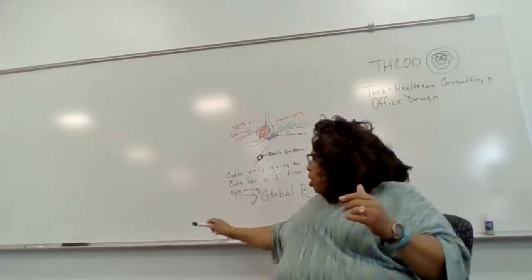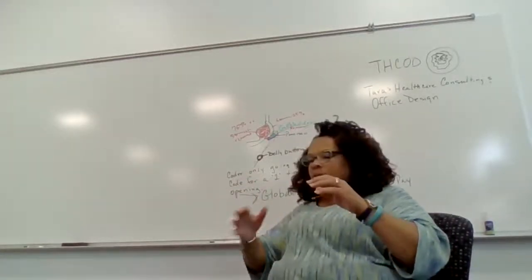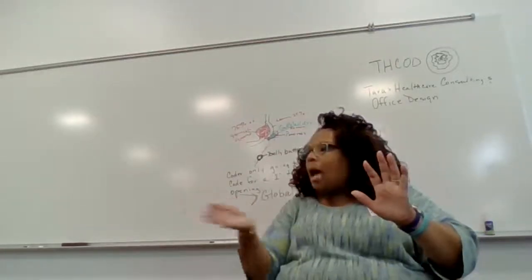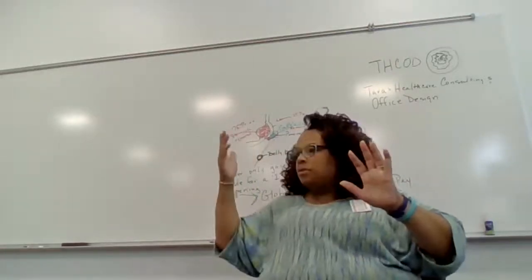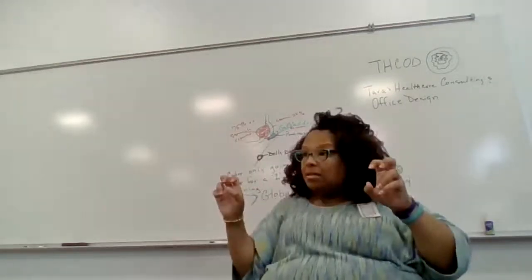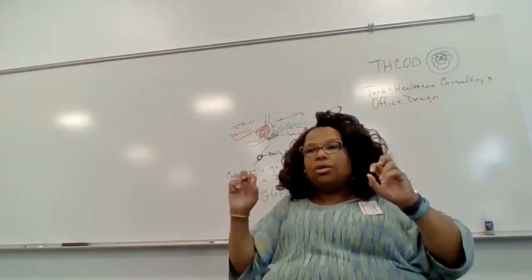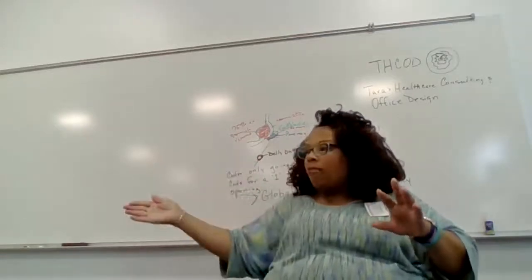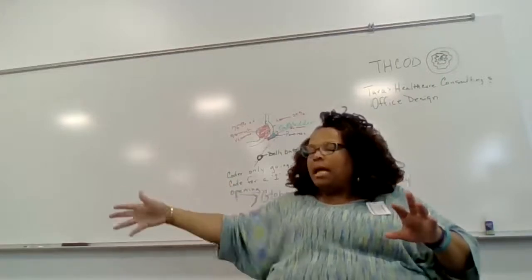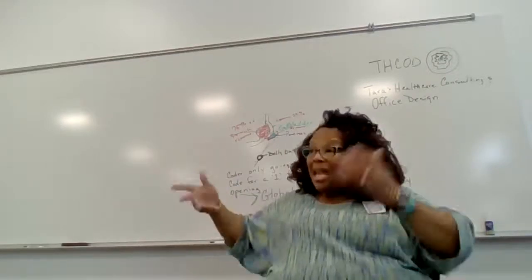And so when he thinks about a case, when y'all get those operative reports from the doctor's offices, from the hospitals, those are called cases. When y'all get ready to learn how to code in the second half of the comprehensive coding systems class, you're going to learn how to code cases.